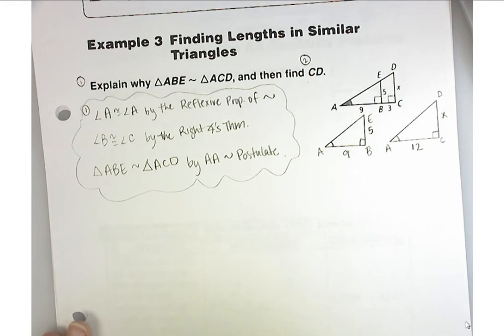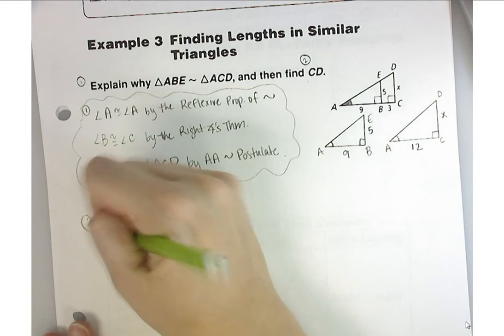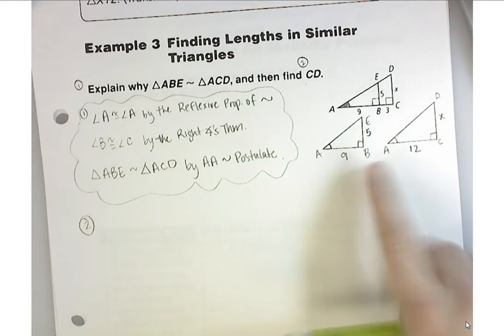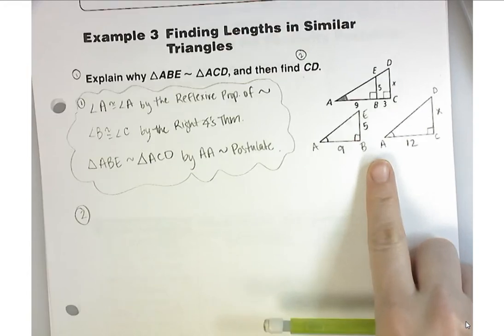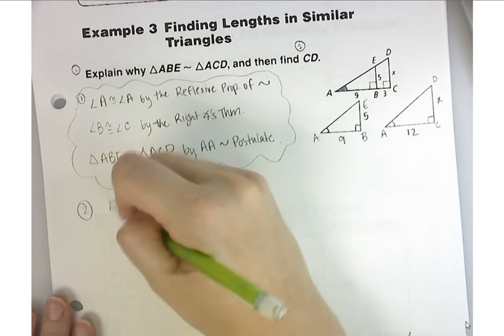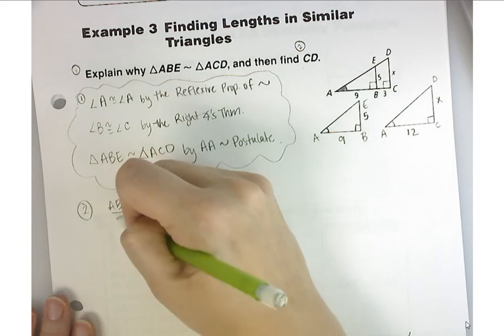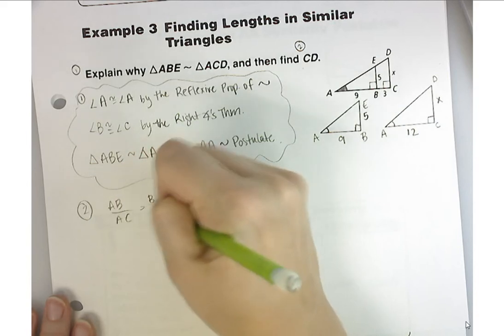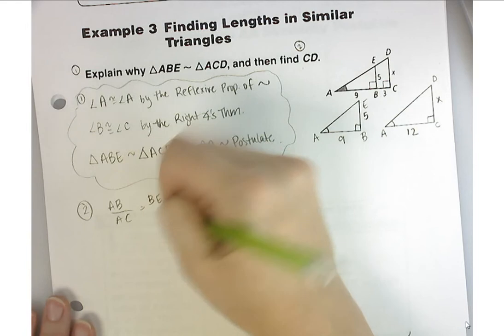For step 2, it says to find CD. So what we can do to find CD is set up a what? Proportion. So we know that AB over AC is going to equal BE over CD.